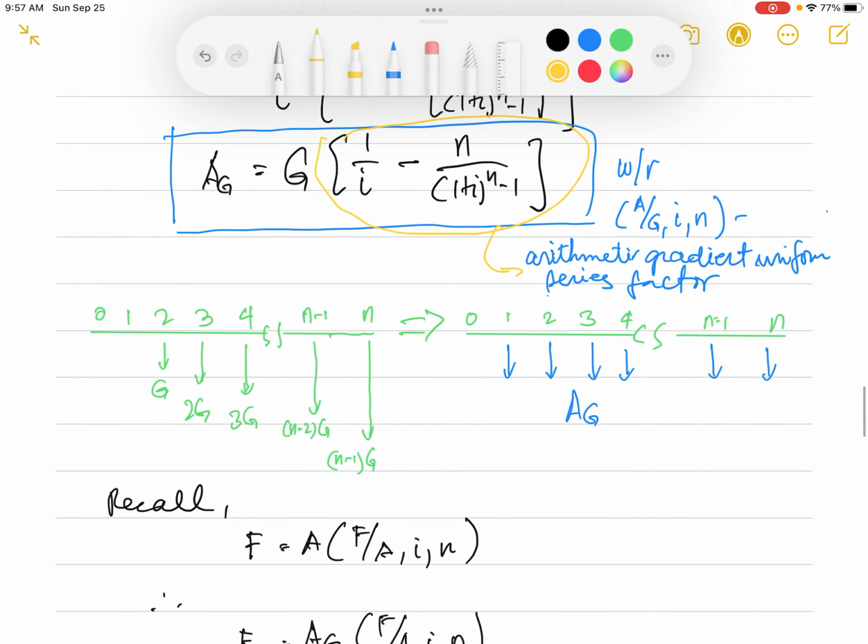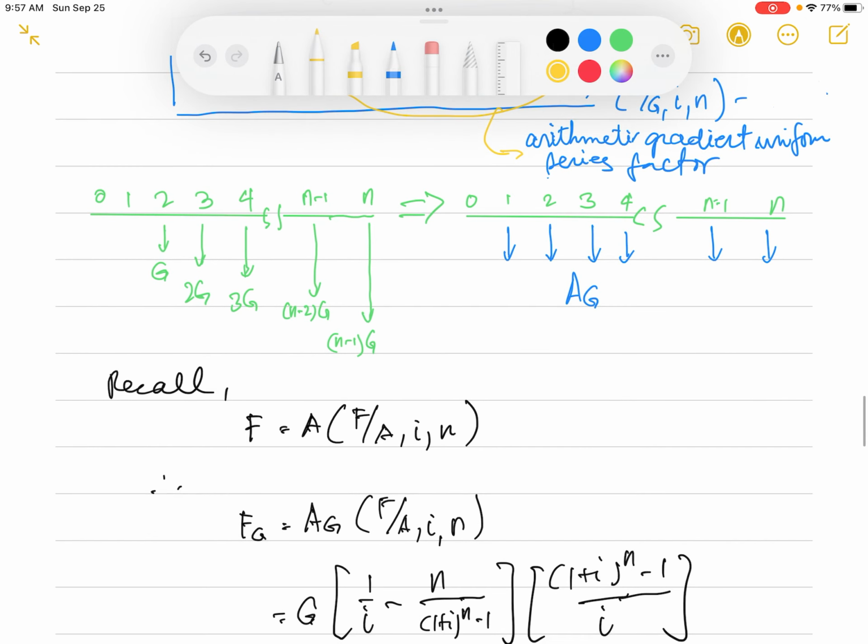This is how it basically looks now. From an arithmetic gradient cash flow diagram, you are able to convert your cash flow into an equivalent annual payment, denoted by AG, just to distinguish it from the uniform annual worth amount. And basically that's the economic equivalence of these two cash flow diagrams.